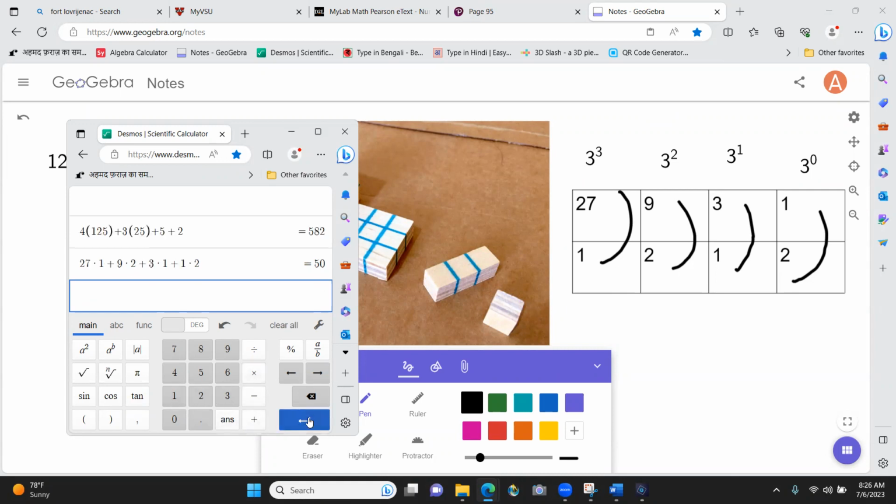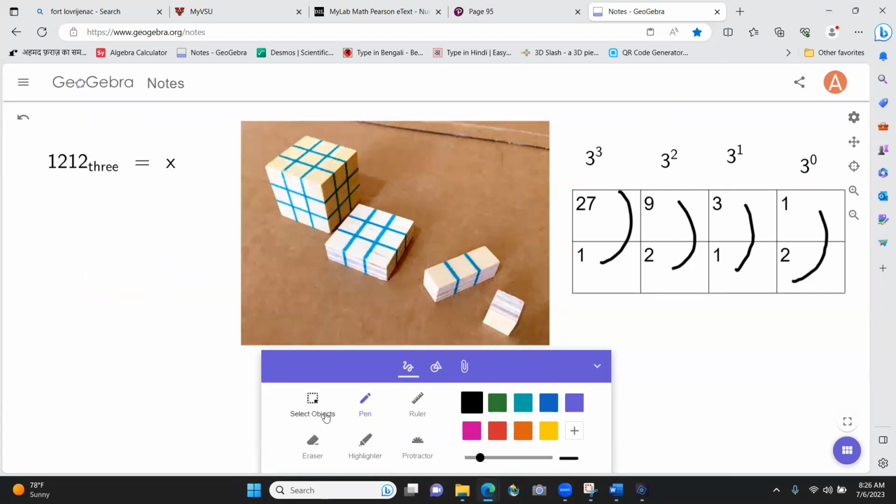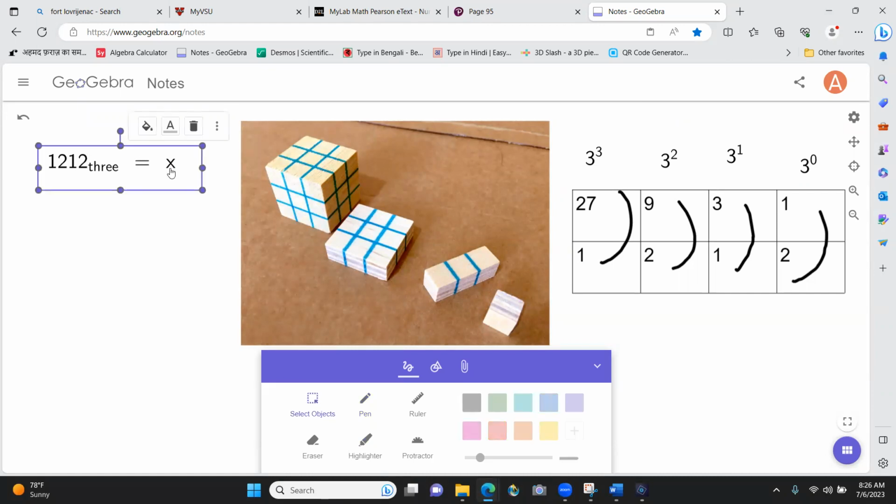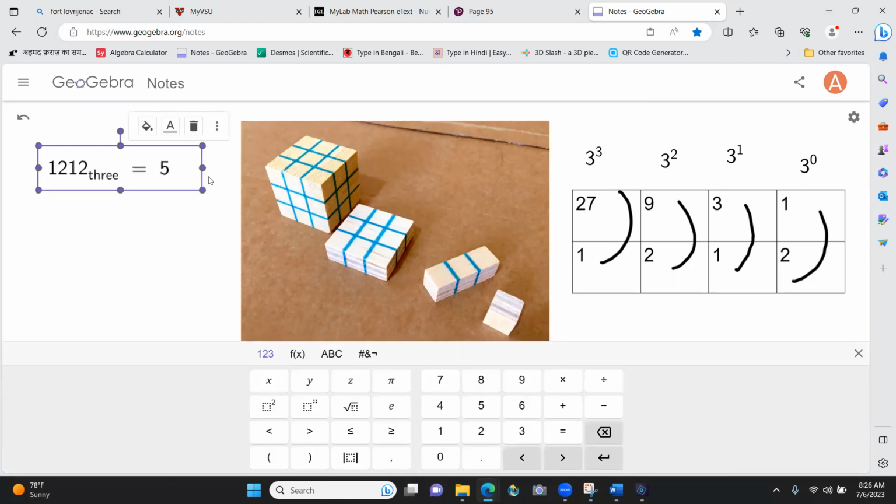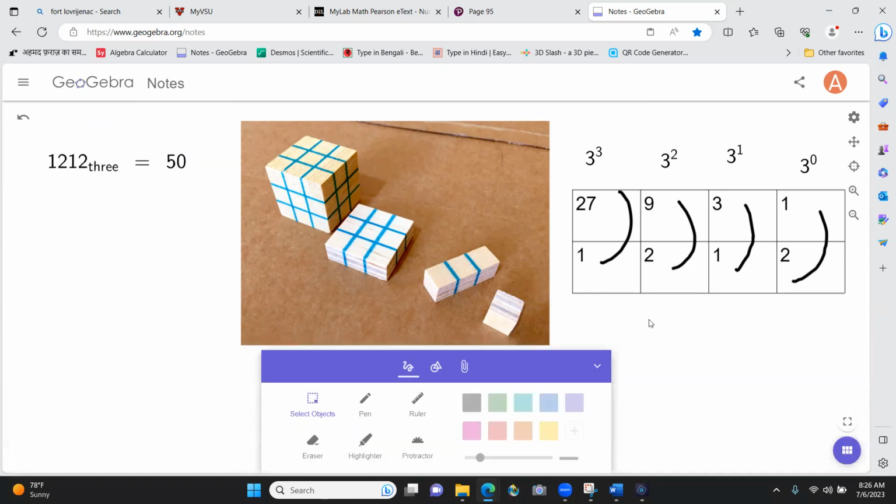I'm getting 50. So this number in base 10, let me double check once again. 27 times 1, 9 times 2, 3 times 1. I think I got it right. Now, this number in base 10 is 50. And we don't write subscript base 10. We just don't, but it's understood. With me, guys?